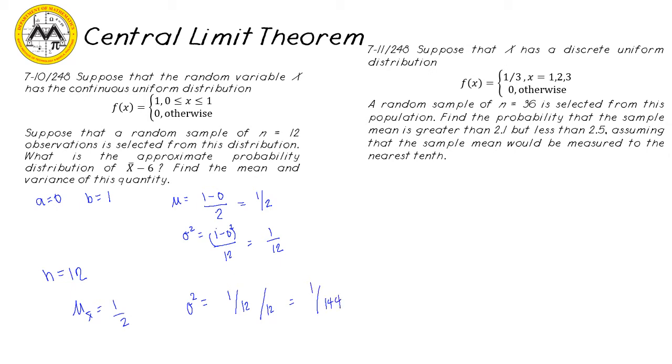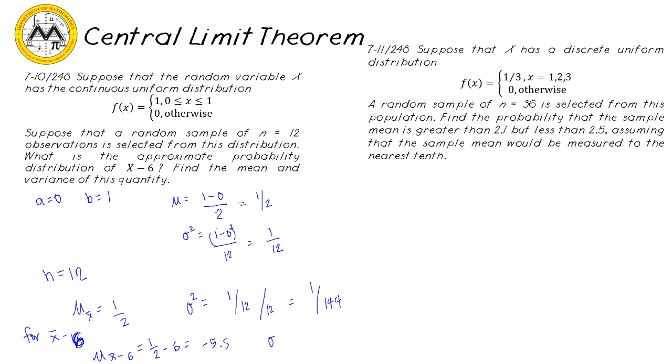But for the random variable x bar minus 6, the mean of x bar minus 6 is 1 half minus 6, so that's negative 5.5.